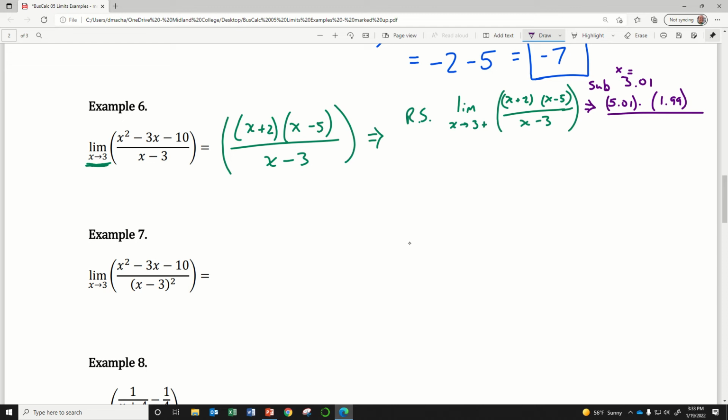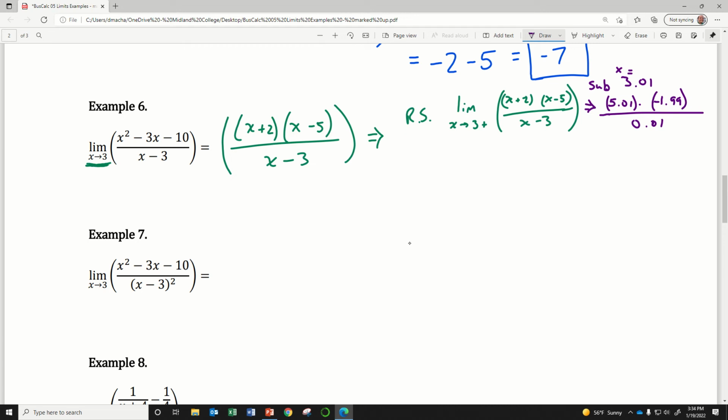No, that should be negative 1.99. Okay. And then in the denominator, 3.01 minus 3 would be 0.01. And so what I have is negative, because the numerator has a negative factor and the other factors here are all positive. And I'm dividing by a very, very small number.